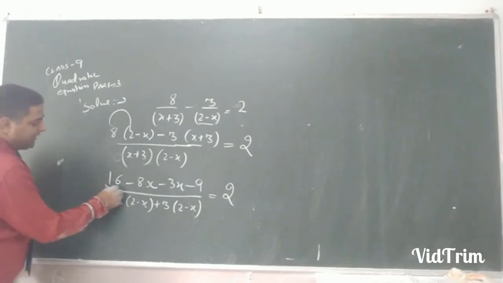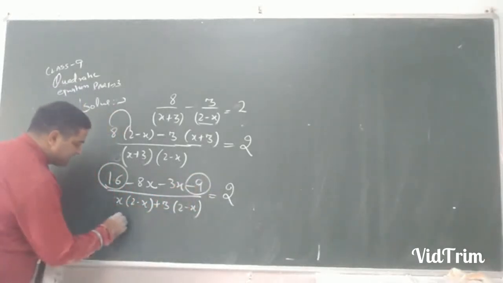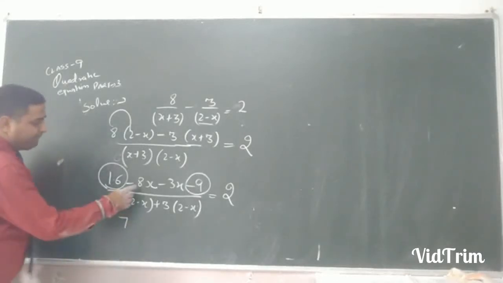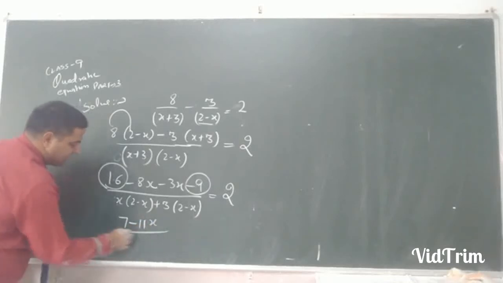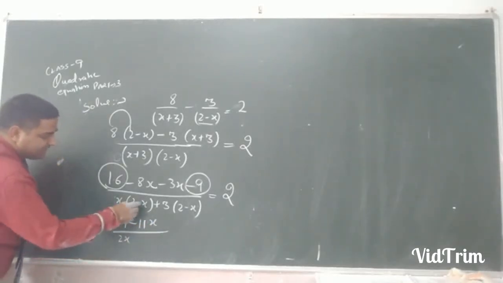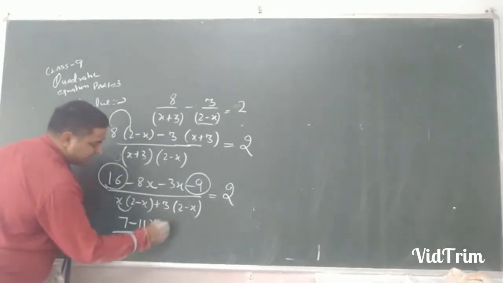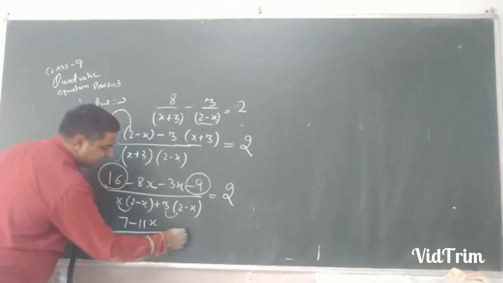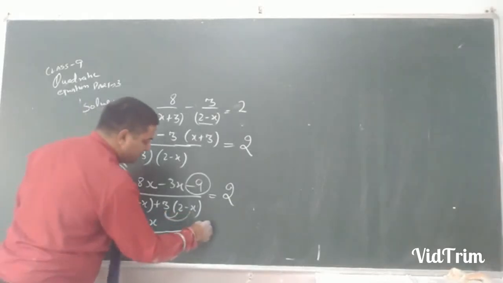So we get 16 minus 9, that is 7, minus 8x minus 3x, minus 11x, divided by 2x, x multiplied with minus x square, plus 3 twos are 6, and minus 3x equals to 2.